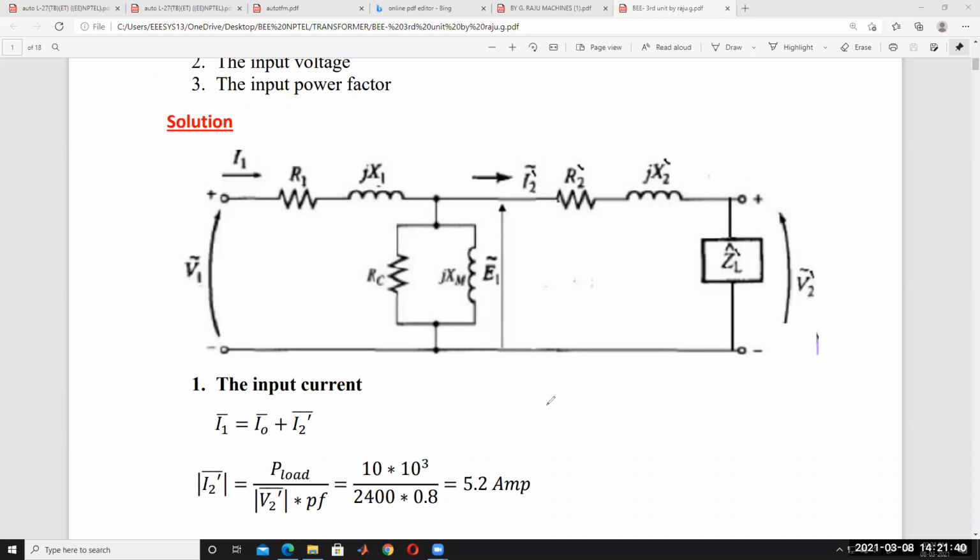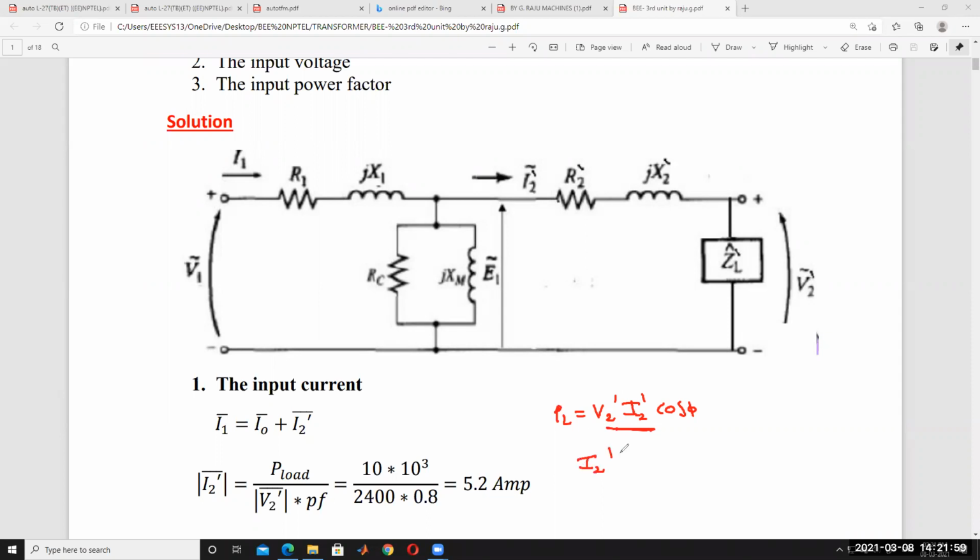The power across the load, PL, is V2 dash into I2 dash into cos phi, where cos phi is the power factor of the load. Based on that you will get I2 dash.